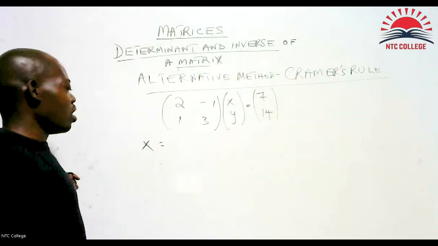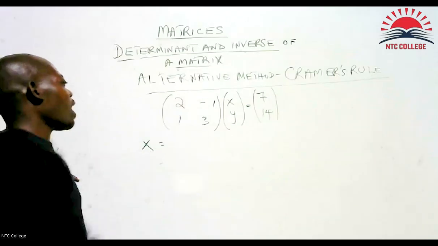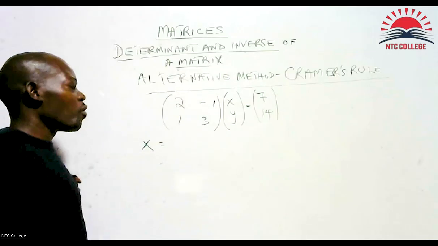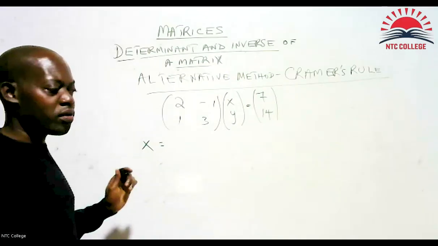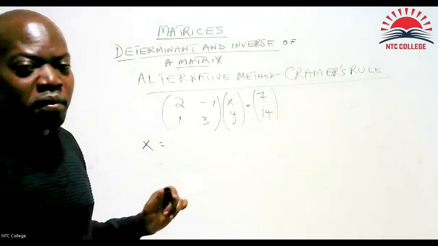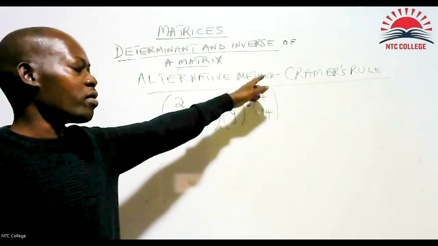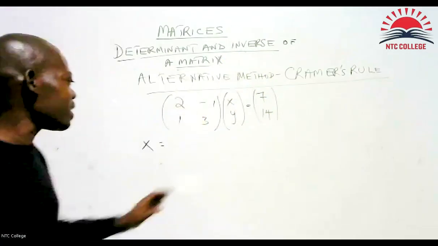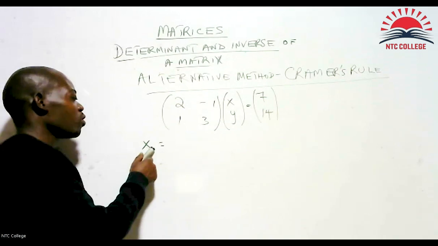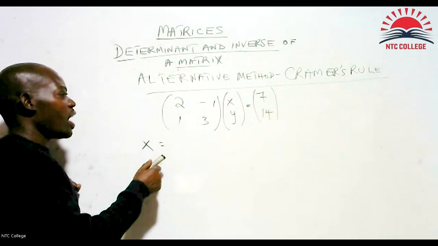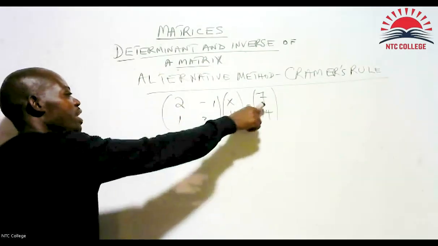So if you want to obtain X, we are replacing the first column of the original matrix with what we call, anyway, as we are going to proceed, I'm going to take us through the input-output model. We will be referring to this one as the demand matrix. But never mind, what is important is to follow. So if we want to obtain X, X would be given as follows. Replace the first column with the demand vector.